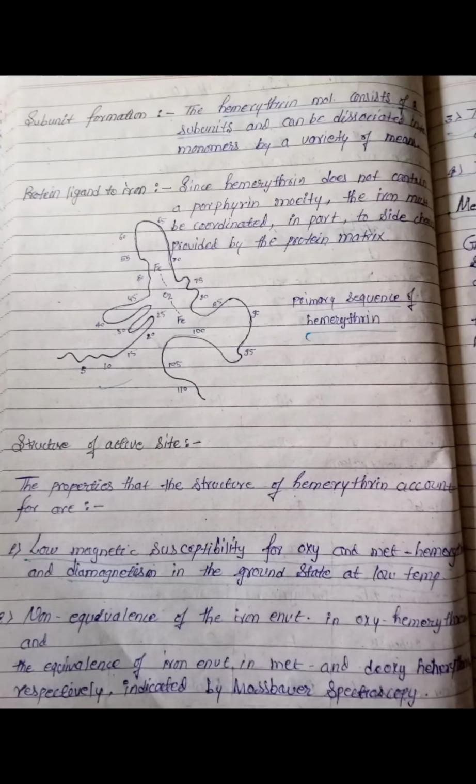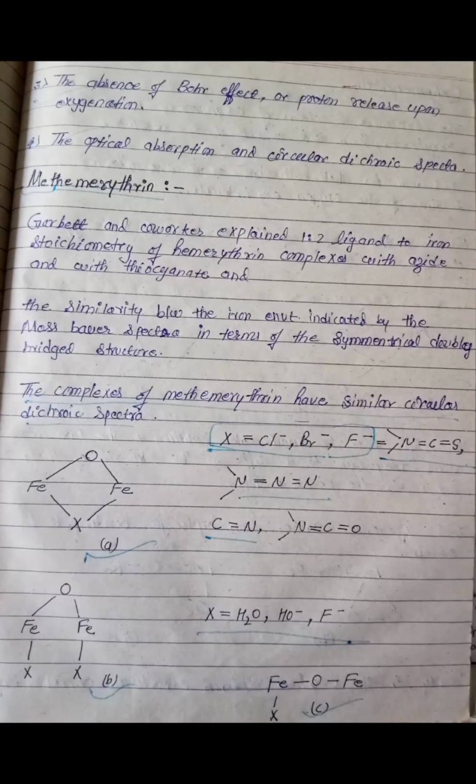Non-equivalence of the iron environment in oxyhemerythrin and equivalence of iron environment in met and deoxyhemerythrin respectively, indicated by Mossbauer spectroscopy. The absence of Bohr's effect or proton release upon oxygenation, the optical absorption and circular dichroic spectra.